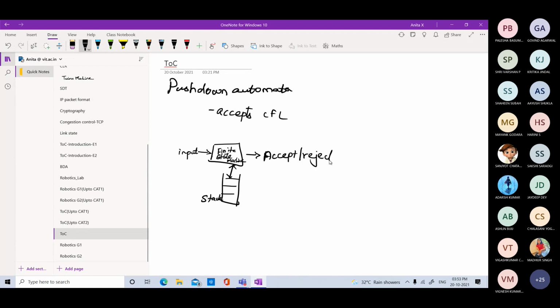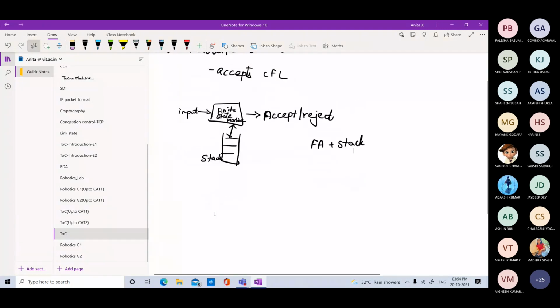So it is a combination of finite automata plus stack. It is almost similar to the finite automata, but in addition we will be making use of this stack to perform the checking of the particular pattern.